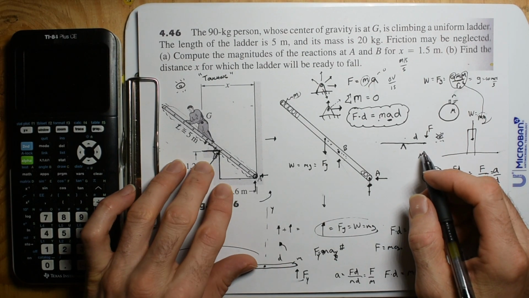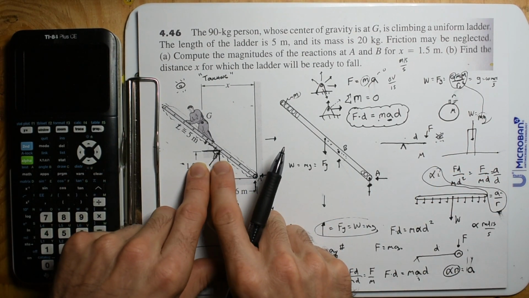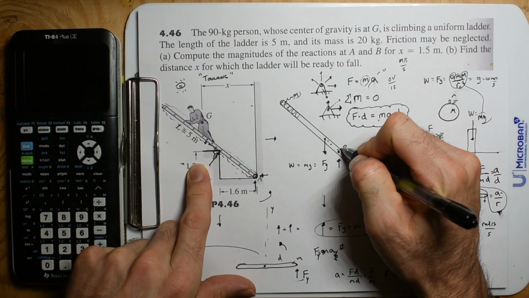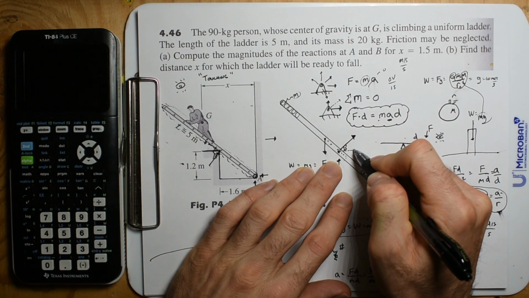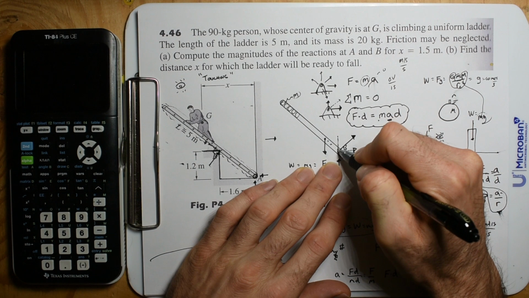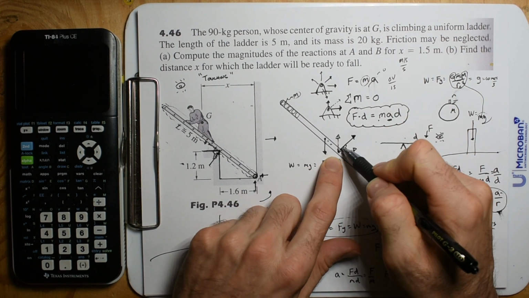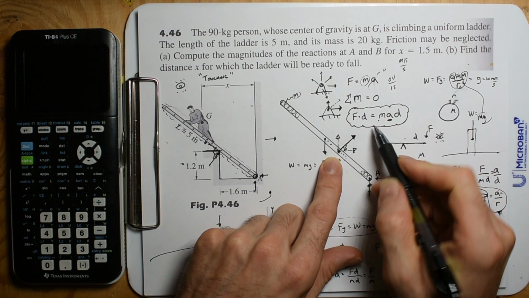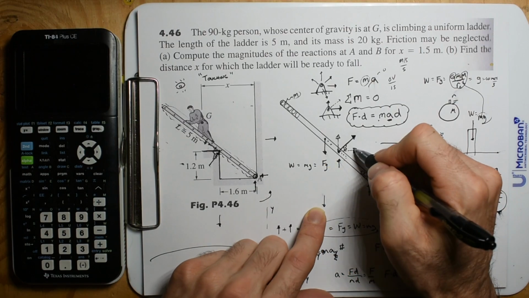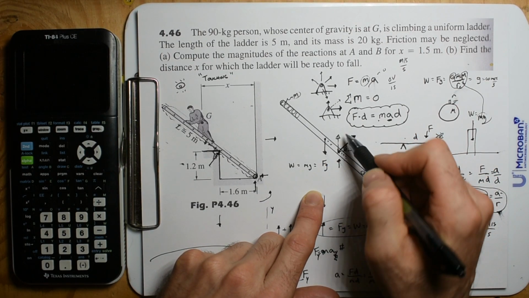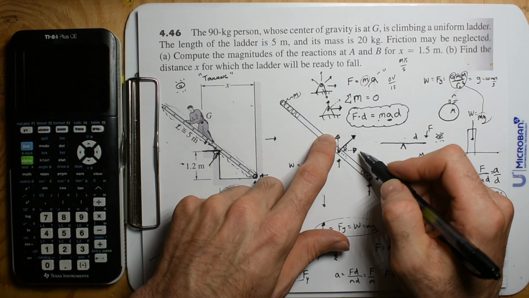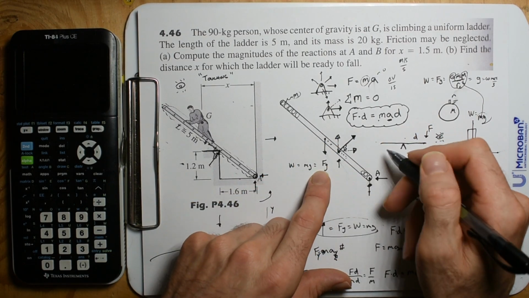So let's go back to B and put in B as this perpendicular force, and we're going to say it has a component this way. This is how I like to do it. If I know the direction of the force, I make it bold, and then do dashed lines and an open arrow to show the components.